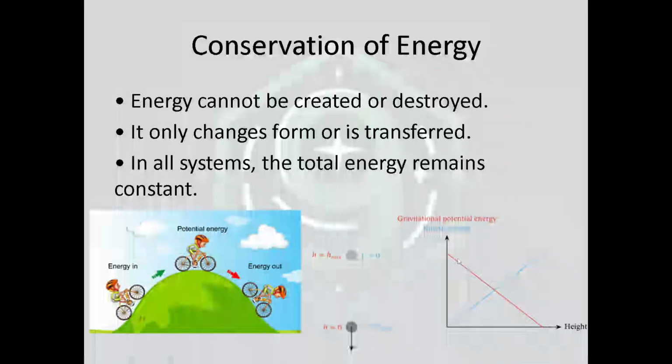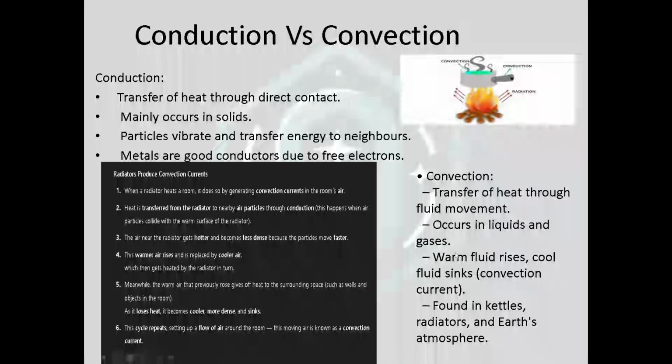So next up, we're going to look at conduction versus convection, so how heat moves basically. Conduction essentially happens in solids, where particles pass on energy by vibrating. Metals are great conductors because of free electrons, so they're able to conduct the electrical charge in this instance and the heat.